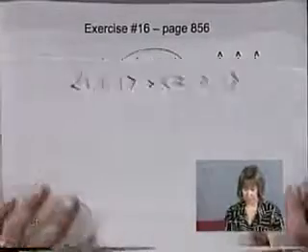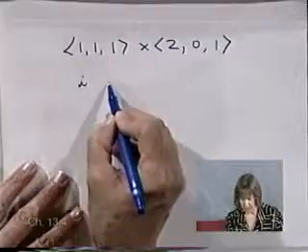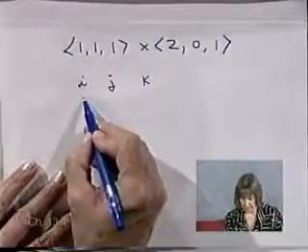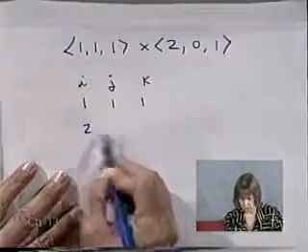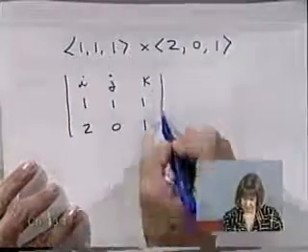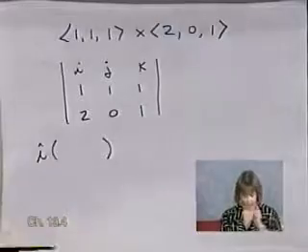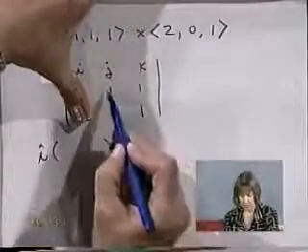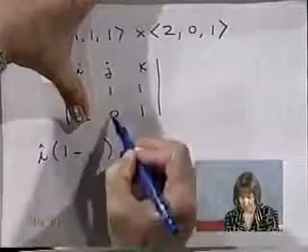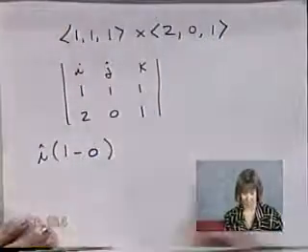So to take their cross product, I'm going to go i, j, k, and put 1, 1, 1, 2, 0, 1. This gives me i times, let's eliminate the row and column that i's in. So we get 1 times 1, which is 1, minus 0 times 1, which is 0.